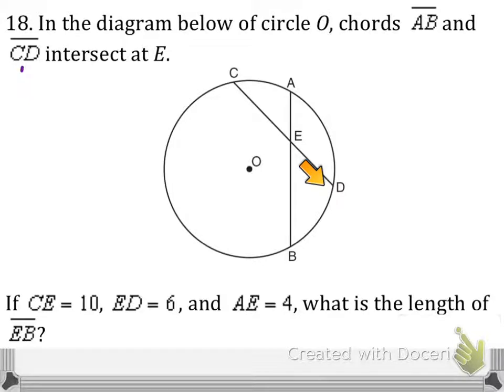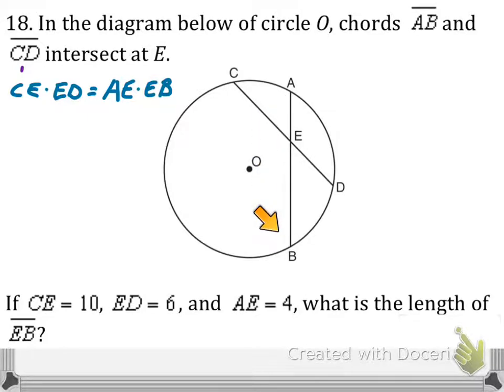And because the triangles are similar, their sides are proportional. This allows us to create this relationship where it's saying CE, this length, times ED equals AE times EB.